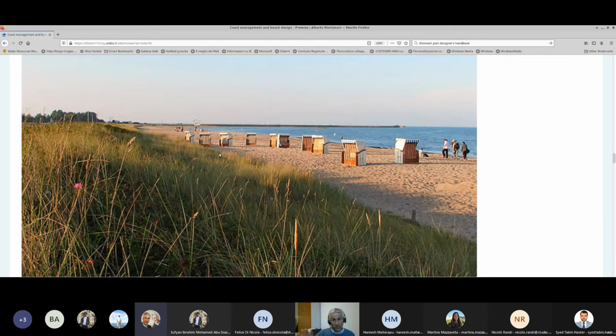If you go further inland, you see in the horizon of the picture, you see trees. These trees are located at a greater distance from the sea. Why is that? Because trees need deeper roots. And so they cannot locate in the dune, because if they go with the roots into the dune, they get the salt water and they die.